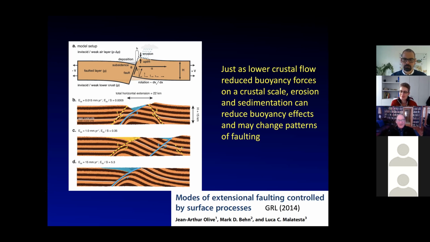But typically in those models, and John Hopper worked a bit on this, you can certainly get a transition as the crust thins to a narrow margin. That's certainly quite possible, at least theoretically, and presumably that happens.